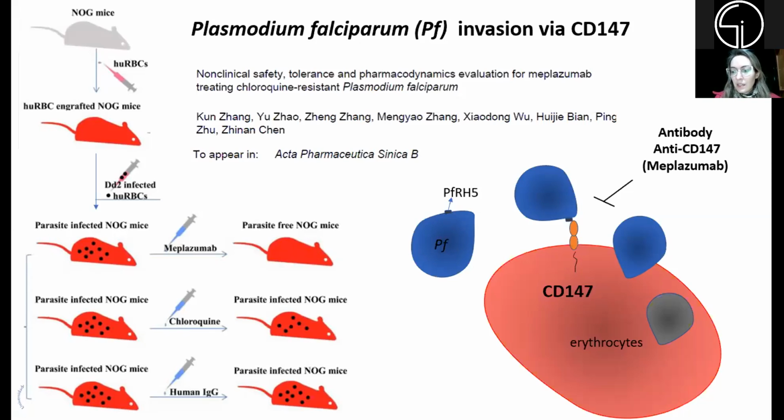We can see here that the protein of the parasite binds to CD147 on erythrocytes, and this interaction was essential for invasion by all tested strains in vitro.